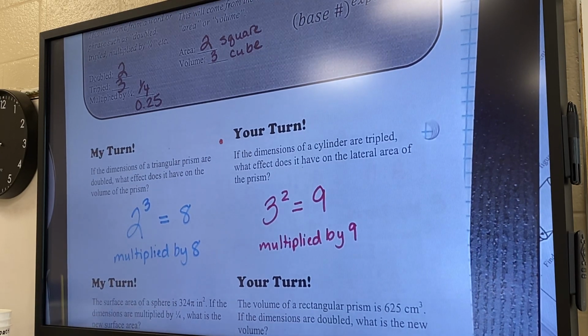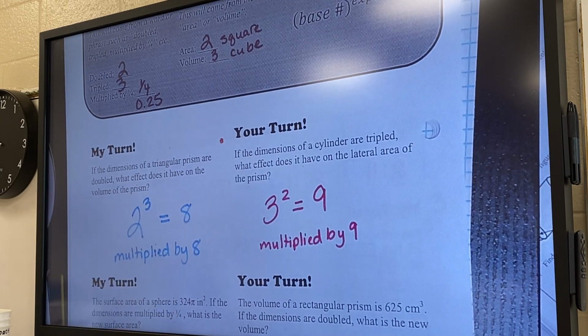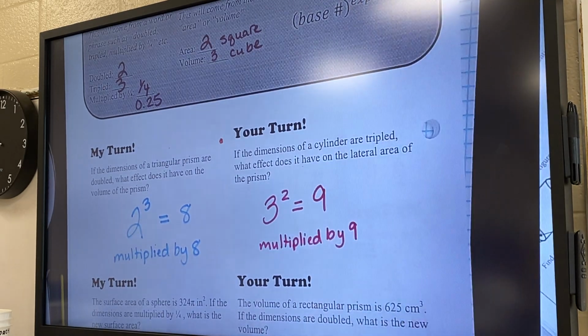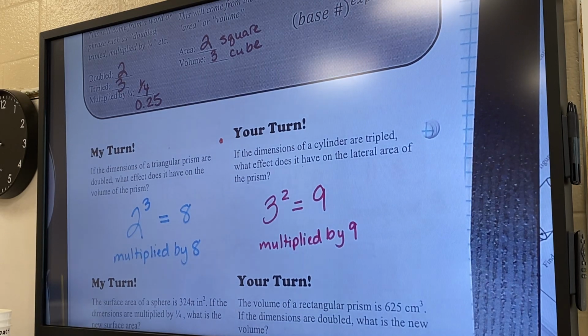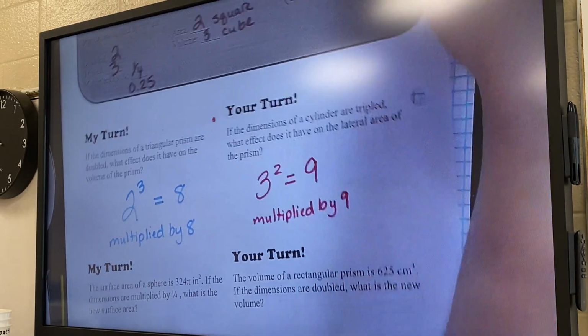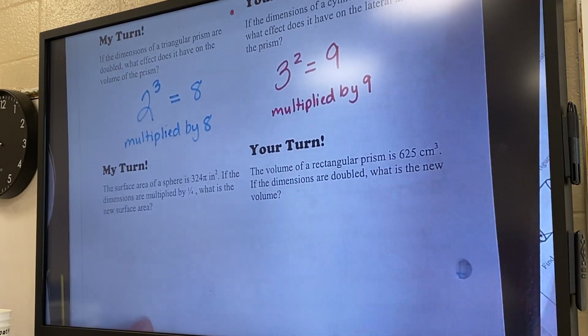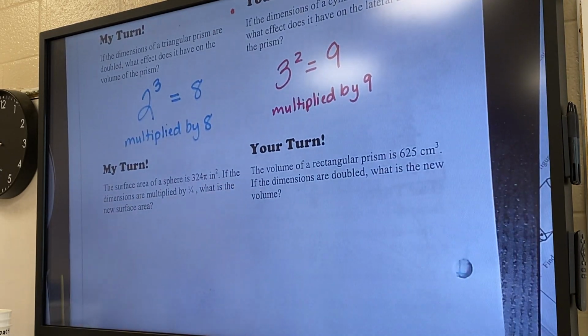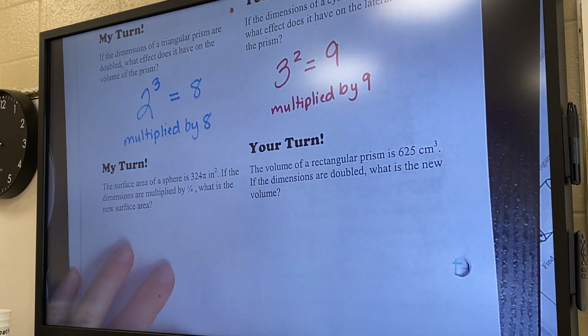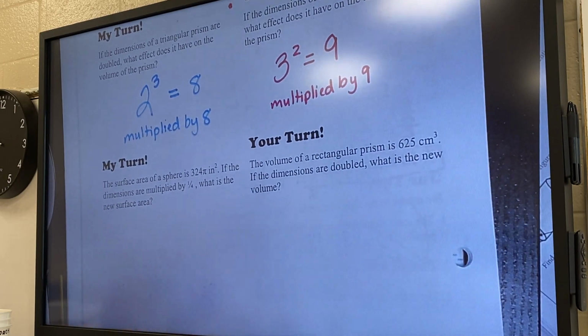Alright, for these next two, we're just taking this and then actually doing the multiplying. Alright, so it says the surface area is 324 pi inches squared. If the dimensions are multiplied by a fourth, what is the new area?